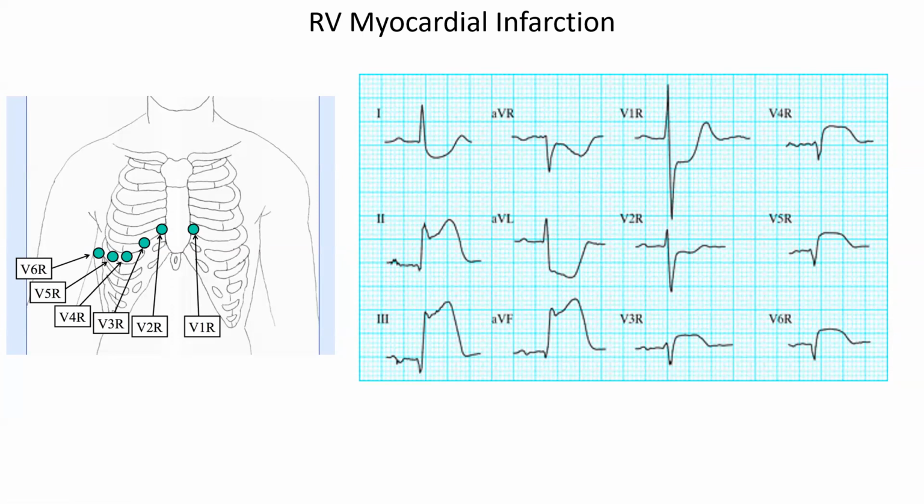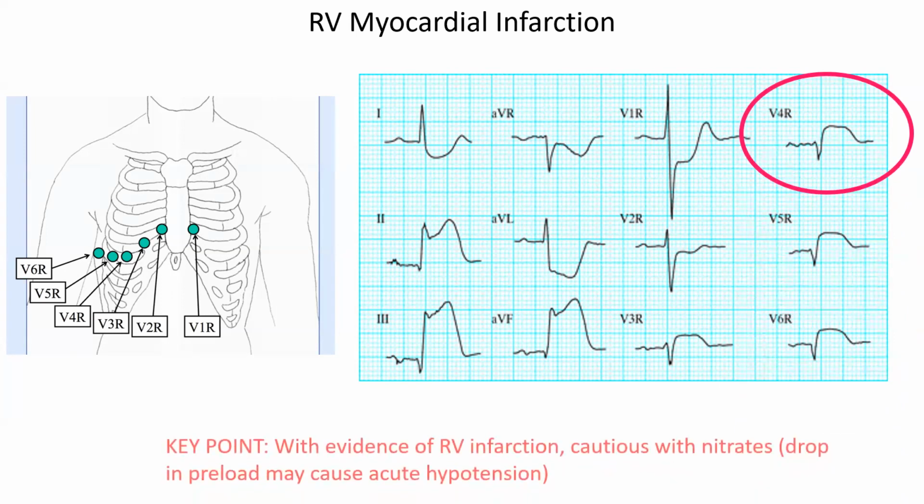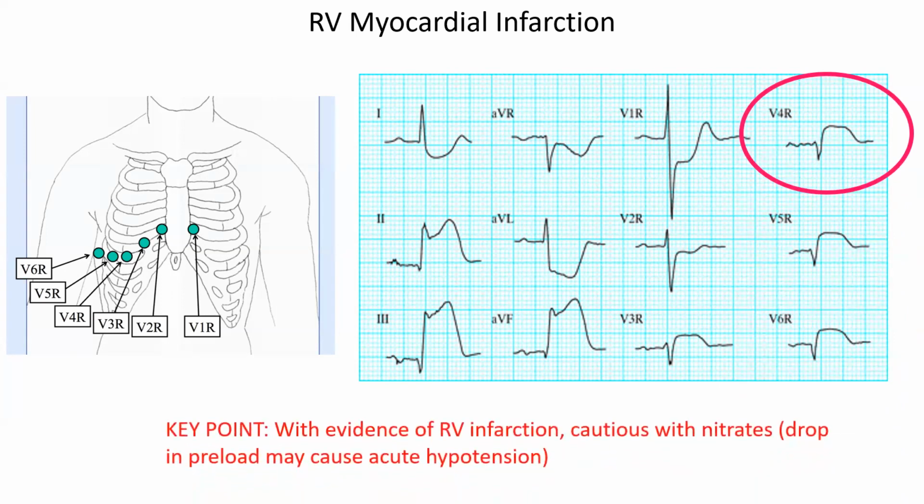It doesn't happen all that often, but when it does, you've got to be careful with giving nitro. So if you do see ST elevations in the inferior leads, it's very reasonable to just automatically do a right-sided EKG, particularly if they're hypotensive or bradycardic. The key point: if they have evidence of an RV infarct, you want to be careful with nitrates.